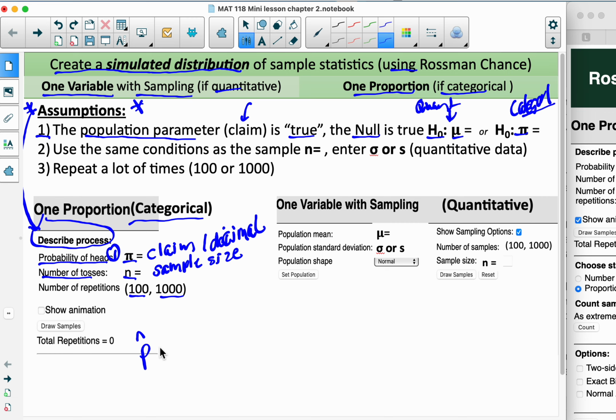The p-hats are generated assuming I have a sample size, whatever I entered up here, and the numerator will give me the number of successes, assuming that pi is true. We'll just focus on categorical data here. We would do something similar if we had quantitative data.